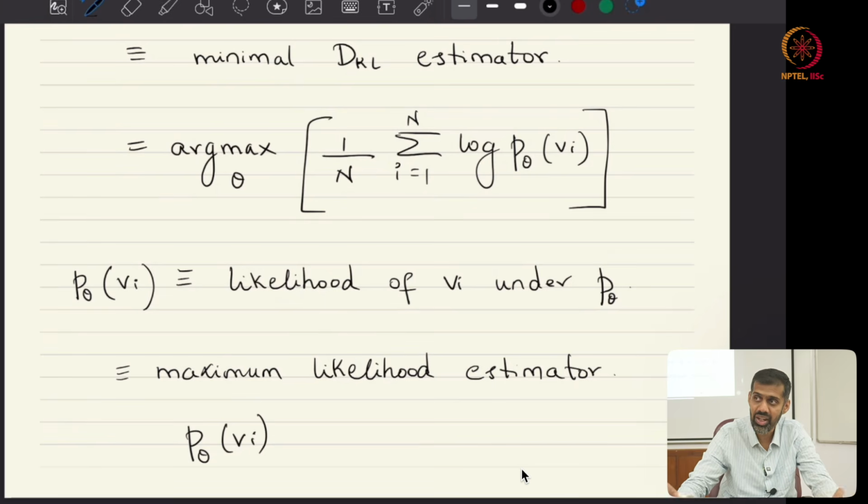I will have to consider the joint distribution with respect to all the random variables that we have, and I have n of them. Our interpretation is that our data set has n random variables which are all IID, correct? If I have to consider the joint distribution between n random variables that are IID, how do I do that? Product, right? So the total joint likelihood of the data, let me write that.